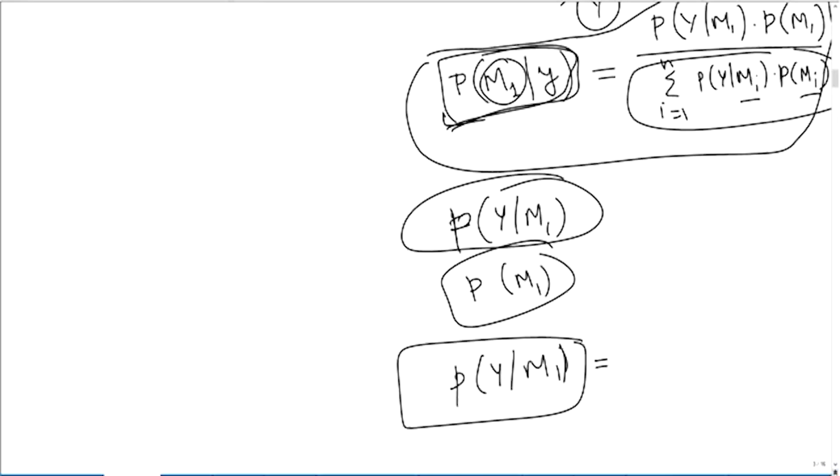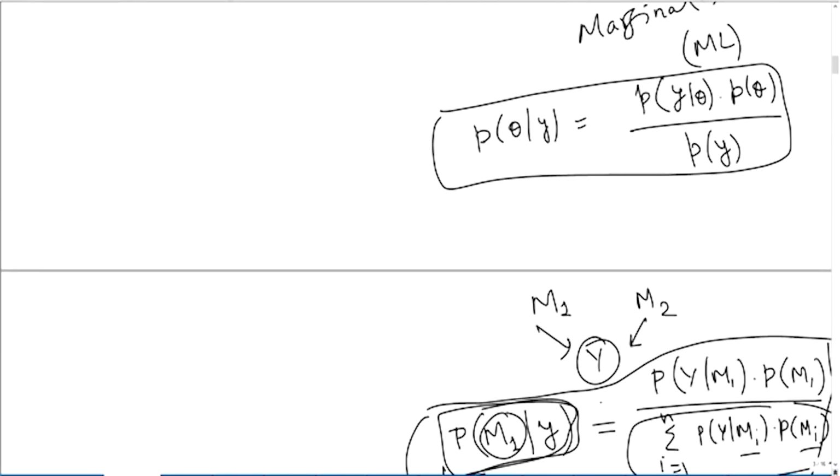Interestingly, if you notice the marginal likelihood, so marginal likelihood is giving you probability of this data y or the likelihood of this data y given all possible values of the parameter in a particular model. Okay. So, in a way this is giving you likelihood or probability of generating this data y given the entire parameter space of this model M1.